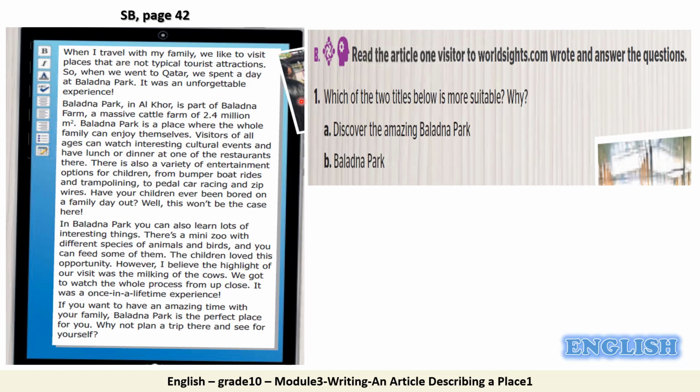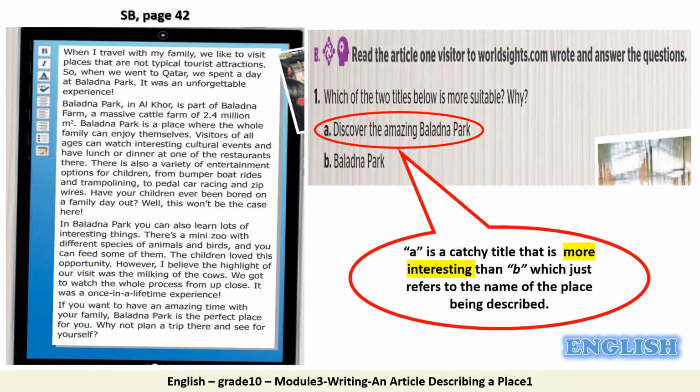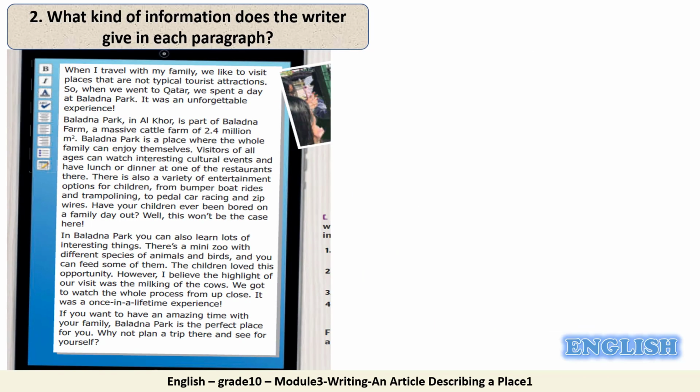What is the most suitable title? Excellent. Discover the amazing Baladna Park. Why is this the most suitable title? Excellent. A is a catchy title that is more interesting than B, which just refers to the name of the place being described.